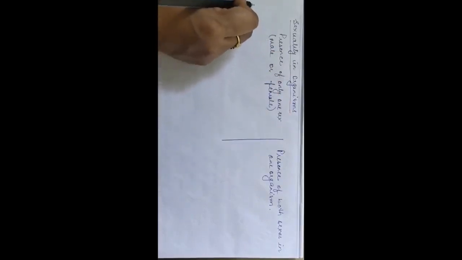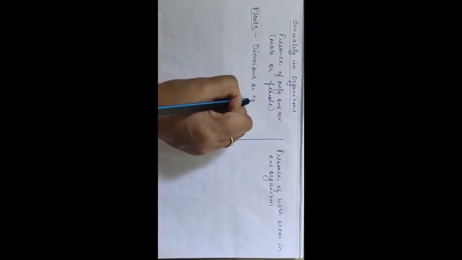Let us see plants first. The plants which have different sexes in separate plant bodies are called dioecious or heterothallic.